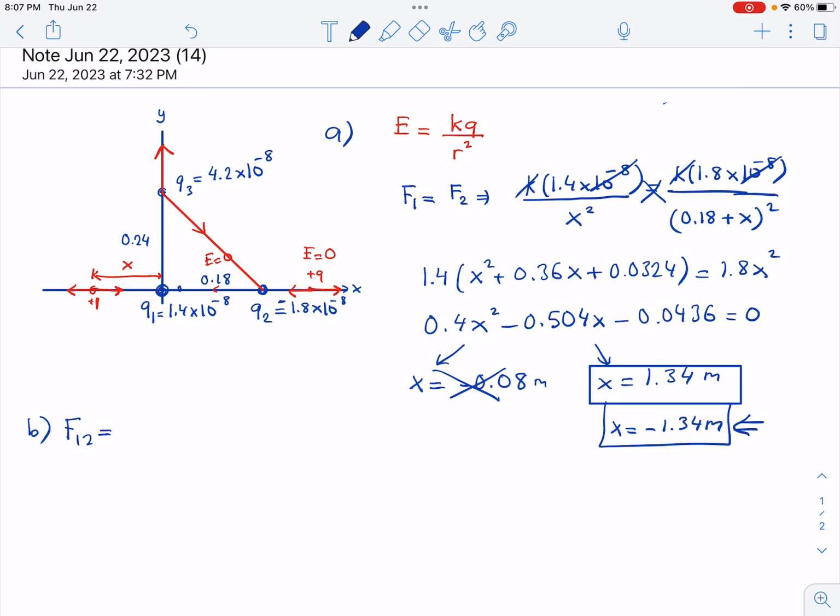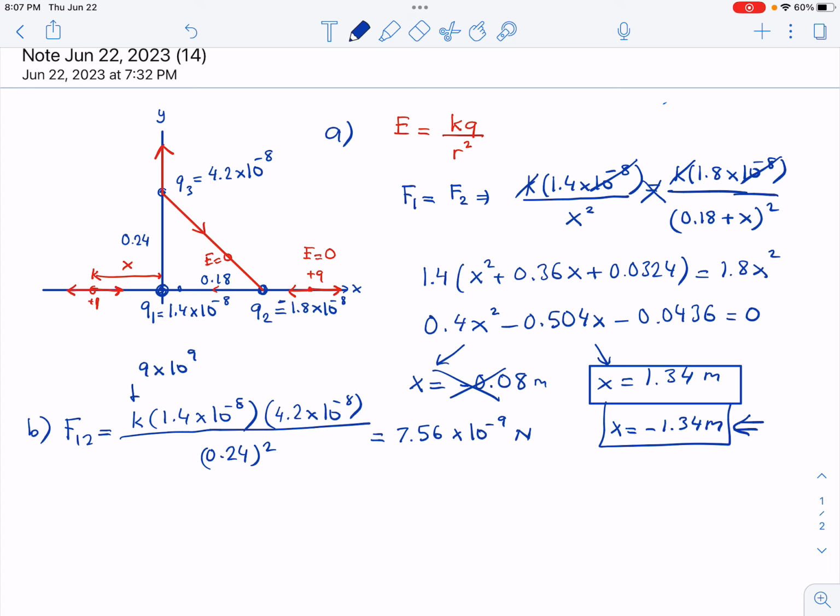F12 is K times 1.4 times 10 to the negative 8 times 4.2 times 10 to the negative 8, divided by 0.24 squared. I would recommend calculating these numbers. That's 7.56 times 10 to the negative 9 Newton. And you know K is 9 times 10 to the 9.